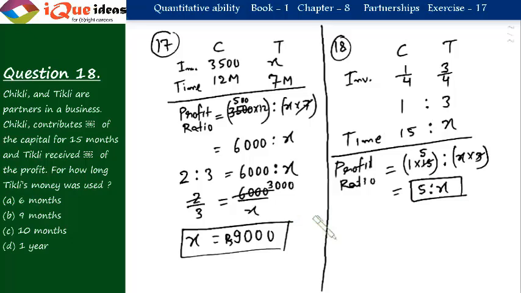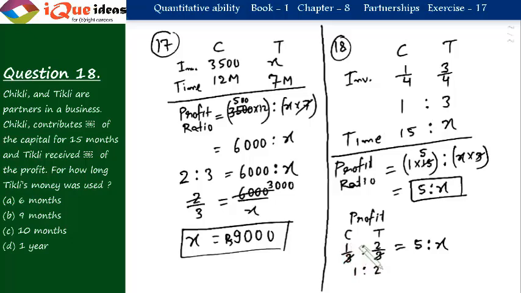Now here in the question it says Tikli received 2 by 3 of the profit. Now if I write profits, Chikli and Tikli, Tikli's share is 2/3. That means Chikli's share must be the remaining 1/3. So the ratio of profit is 1 by 3 is to 2 by 3. That should be equal to 5 is to X. Right? This means very clearly 3 is cancelled.